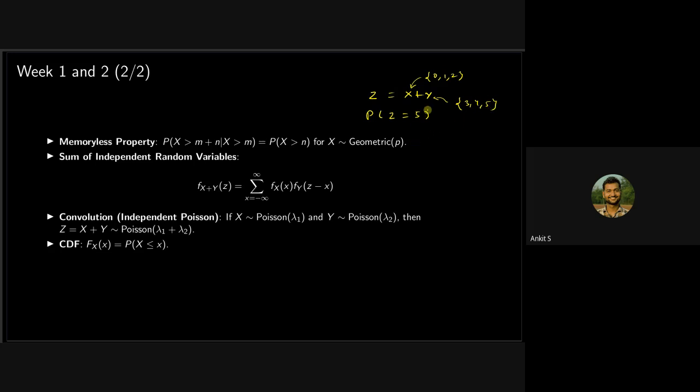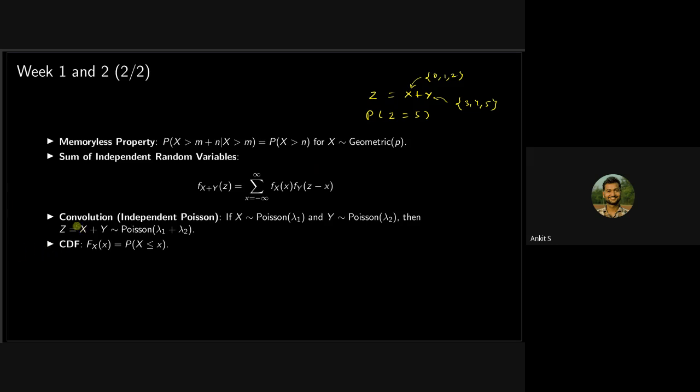Suppose you want to calculate the probability that z takes value 5. So how do you do it? You take one random variable, and you iterate through all of the possible values of x and y for which this value of the sum can be taken. This is how you calculate the sum of independent random variables.